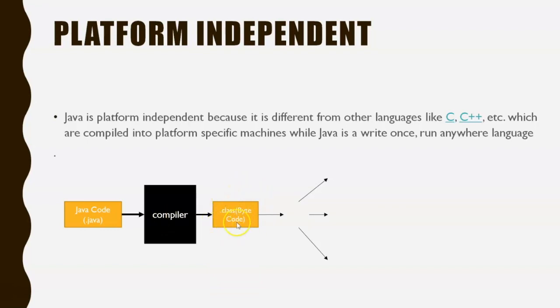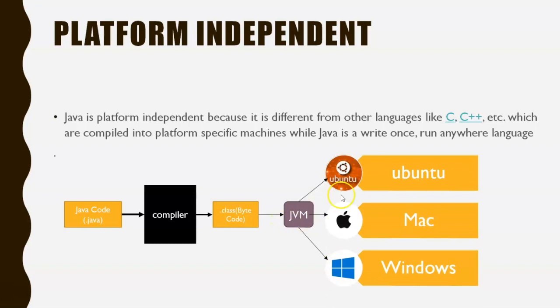Once the bytecode is available, you can take this bytecode and, with the help of the JVM, execute it on any machine. So if I delete this .java file, I can copy this class file onto any of my machines and execute it with the help of the JVM. This is a common interview question: why is Java platform independent? Because you can write on one system and execute on any machine.